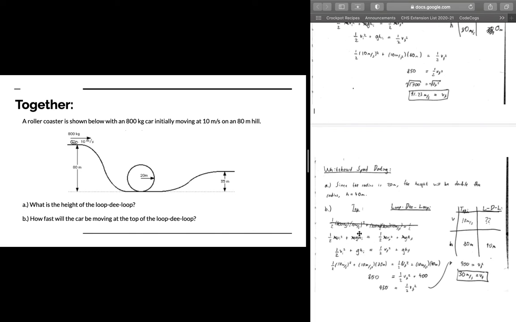Again, initial kinetic plus initial potential equals final kinetic plus final potential. We can't cross out any terms here because none of our speeds or heights are equal to 0. We can still cross out the m's though, which leaves us with 1/2 vi squared plus ghi equals 1/2 vf squared plus ghf.